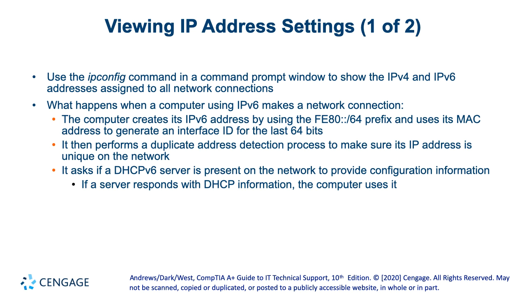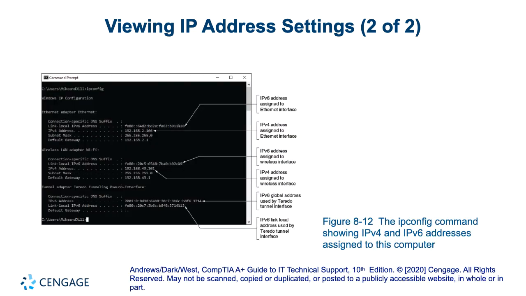It then verifies that there is no other device with the same IP on the network, and then checks to see if there's a DHCP server with version 6 IPs with configuration information for it. If there is, it leases the IP and uses the DHCP configuration information. And this is just showing the output of an ipconfig command.